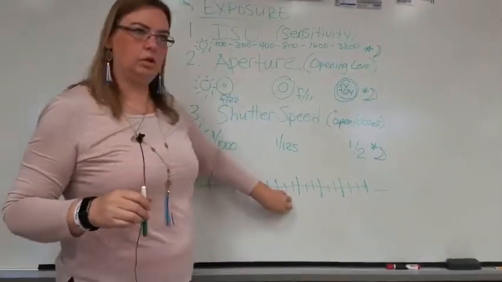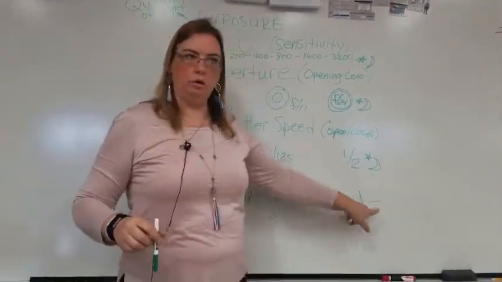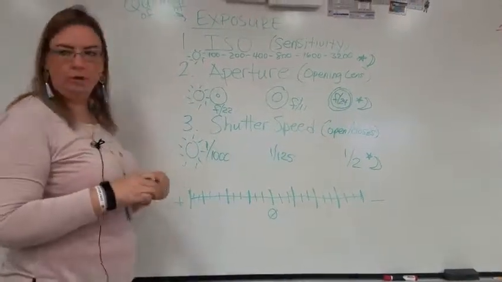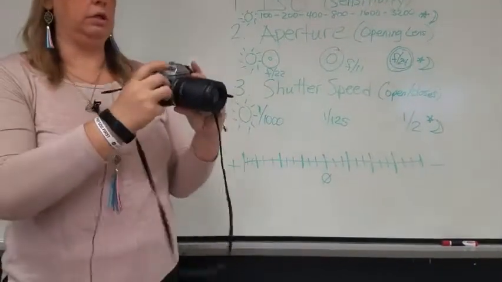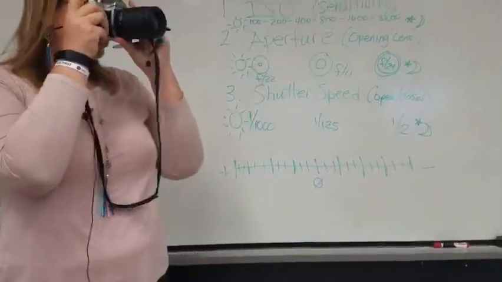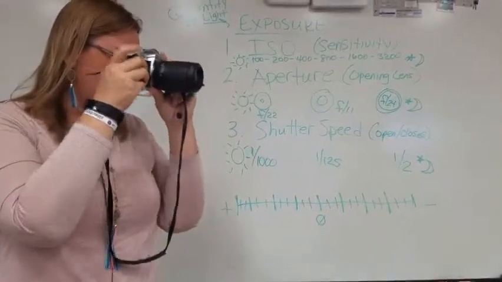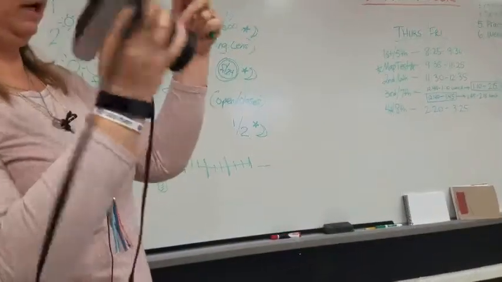This is a good exposure. It's not too bright, it's not too dark. It's just in the middle, okay? So when I look at my meter, in here it's in the middle as well. Let's see if you guys can see it. It's on the side. There's a little needle in there. I don't know if you guys want to pass it around. It's on your right inside of there.